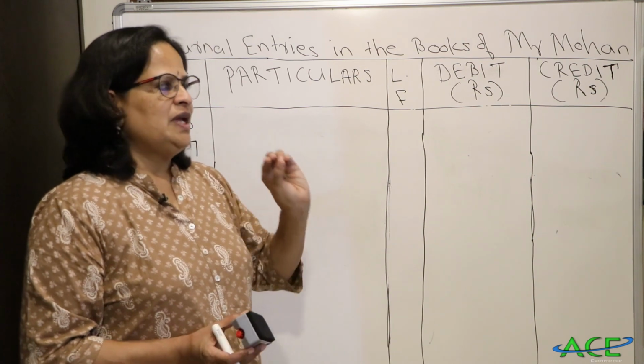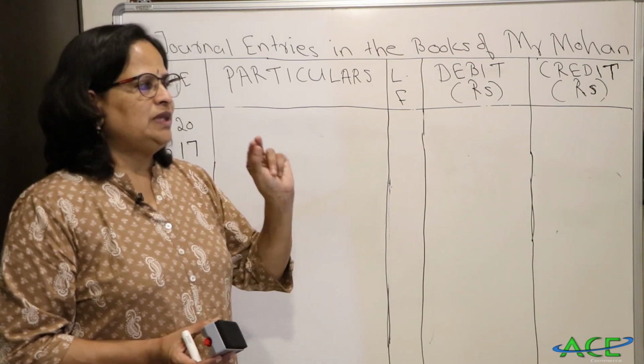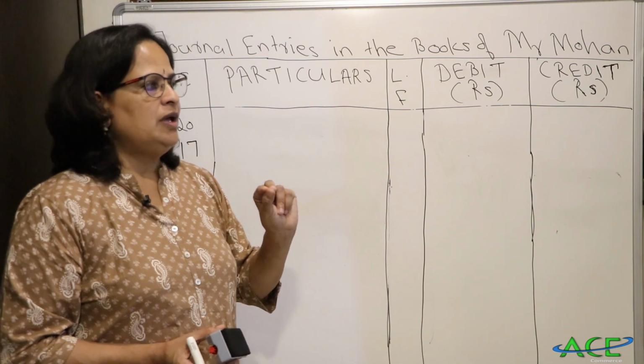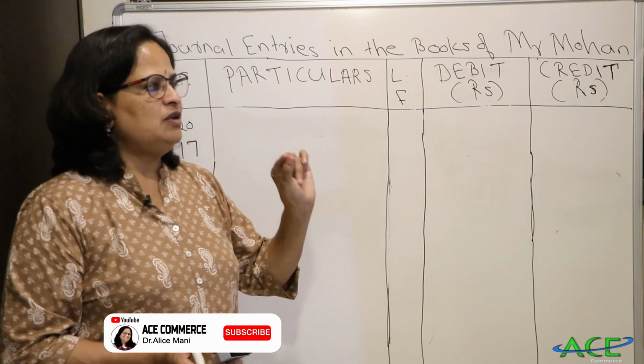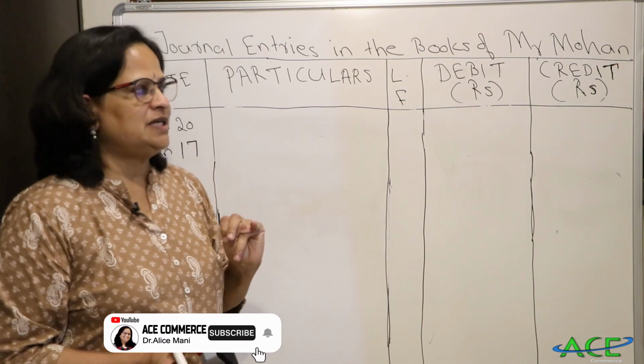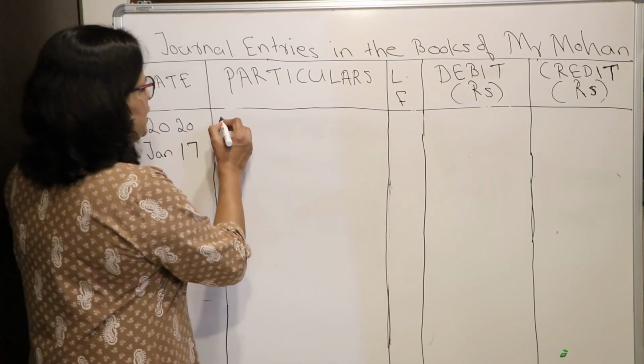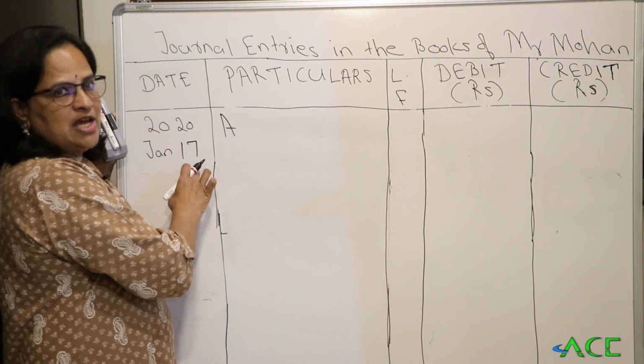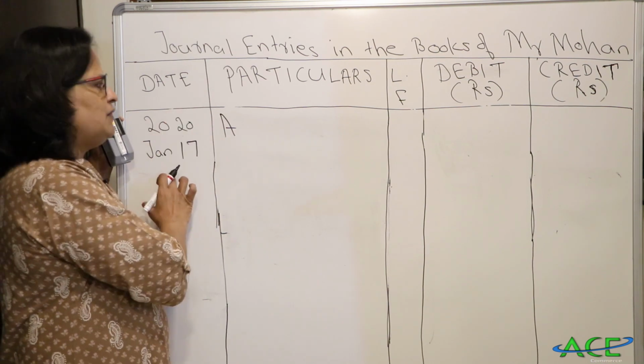First transaction is amount paid to Mr. Appu 1500, discount allowed by him is rupees 100, and in full settlement of his claim 1600. So here Appu's account debtor. See, the date I have changed to January 17th; for all the transactions I have given one date.